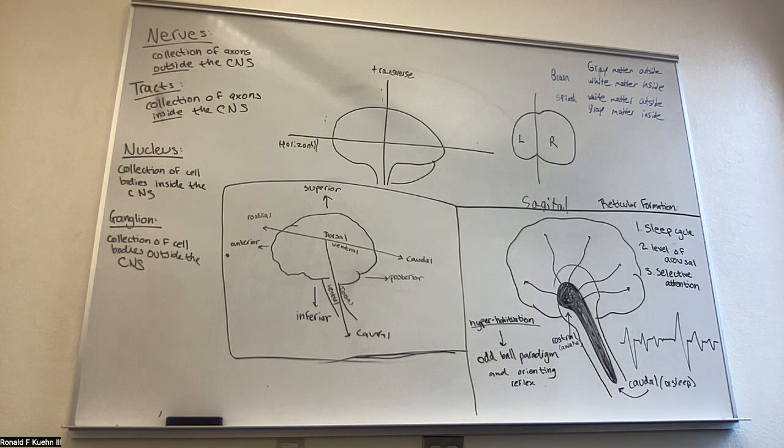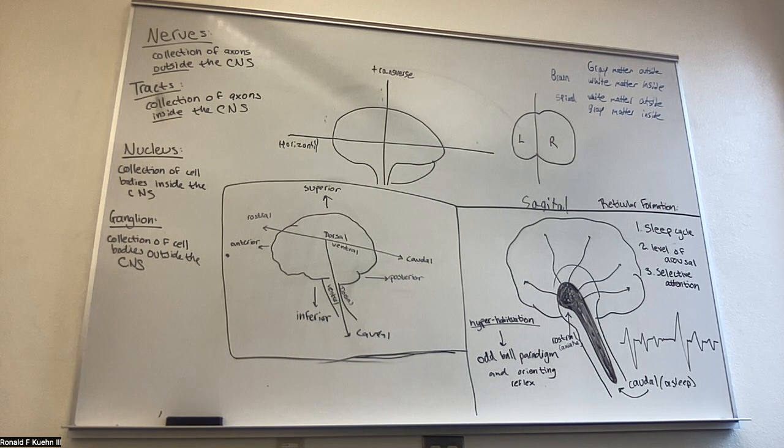Are posterior and caudal interchangeable? Yes and no. I'd count it correct if you gave me that on an exam, but caudal refers particularly to the brain and the head.